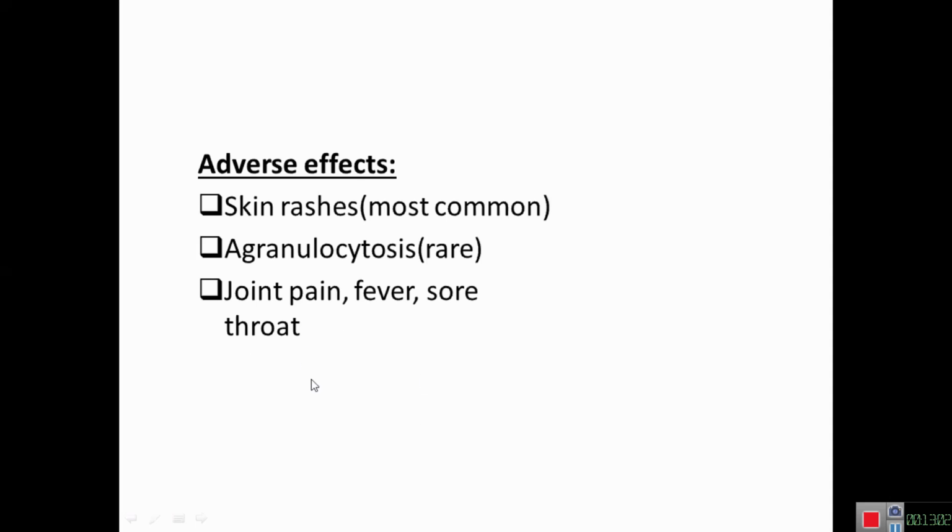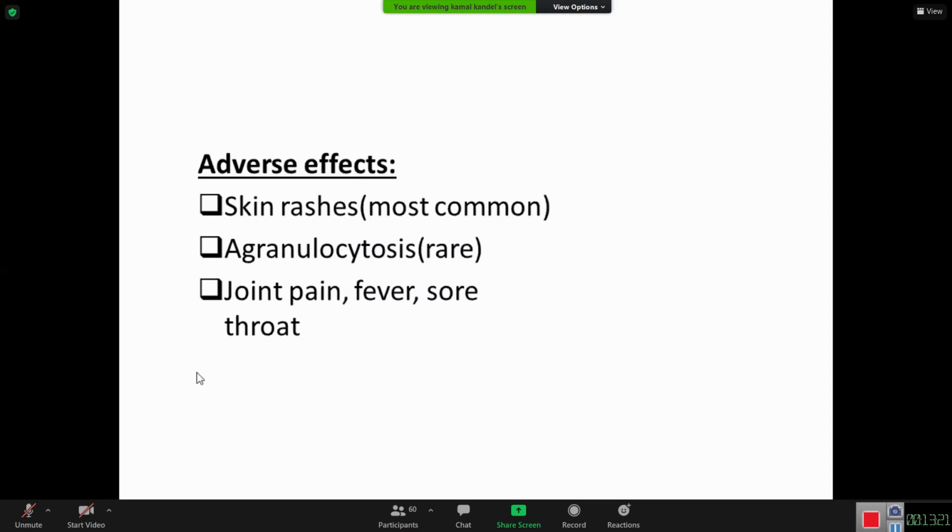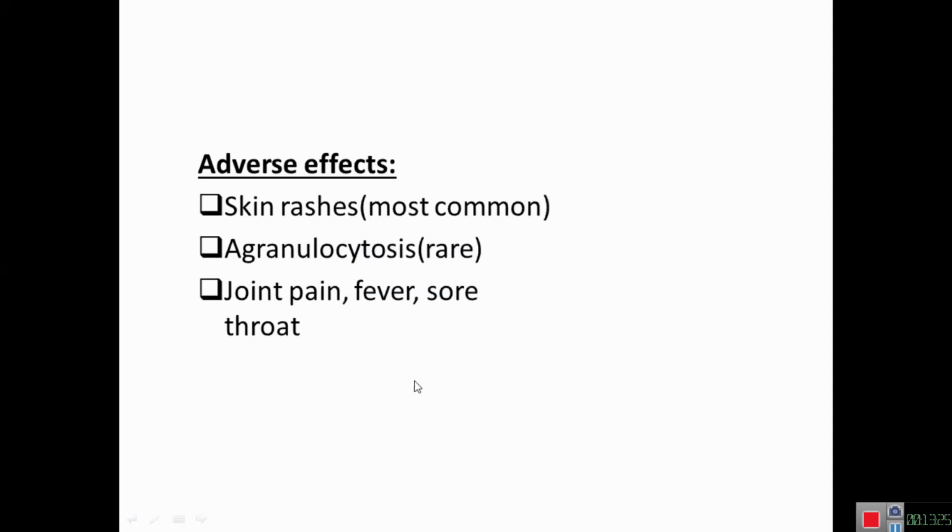But these can be reversed by stopping the medicine. I have not included that adverse effect, so you can add these: skin rashes, agranulocytosis, joint pain, fever, sore throat, fourth, hypothyroidism, fifth, goiter. They are reversible on stoppage of the therapy.